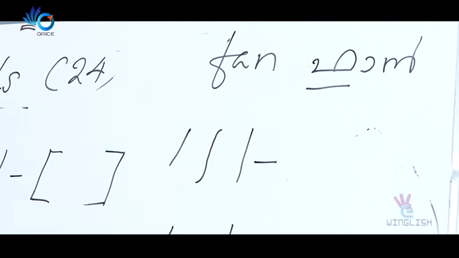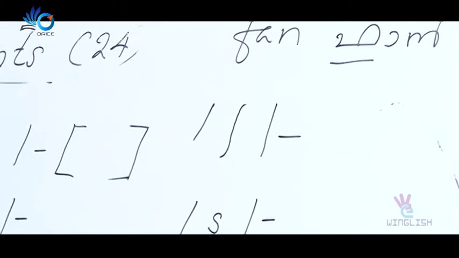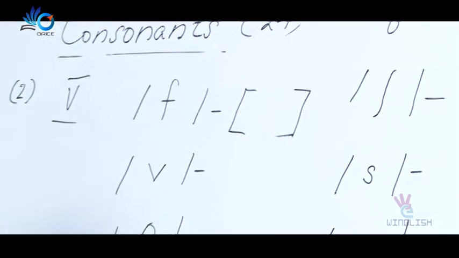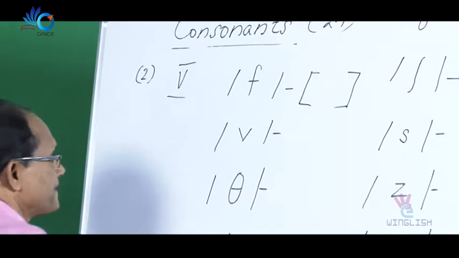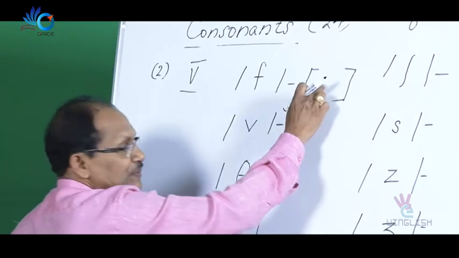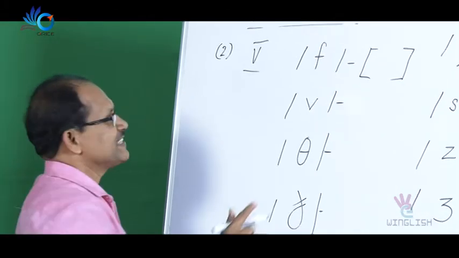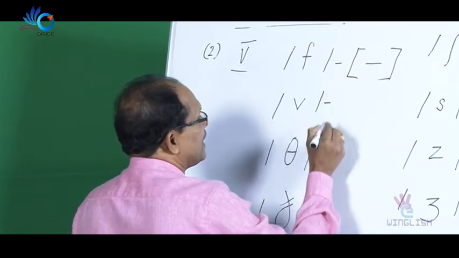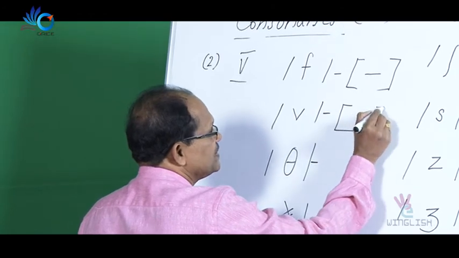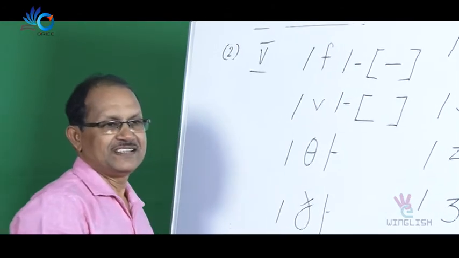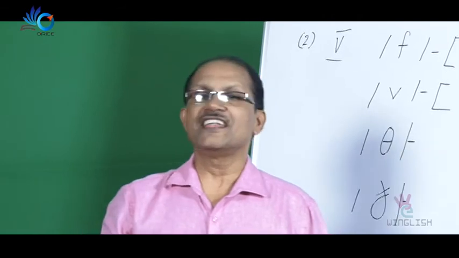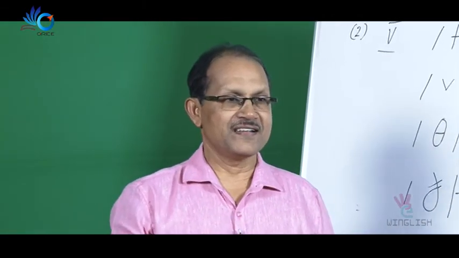Okay, F, fan. All of you please try. Fan, fine. Okay. So, do we have a corresponding sound in Malayalam? No, that is the answer. And so is the case with this sound. V-A-N, it is Van.